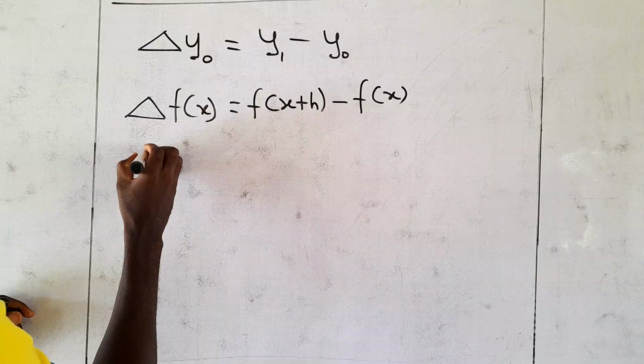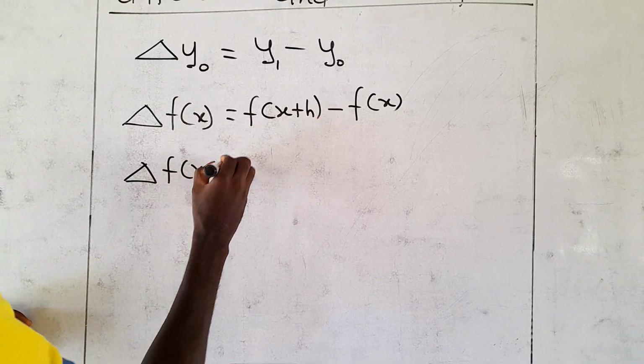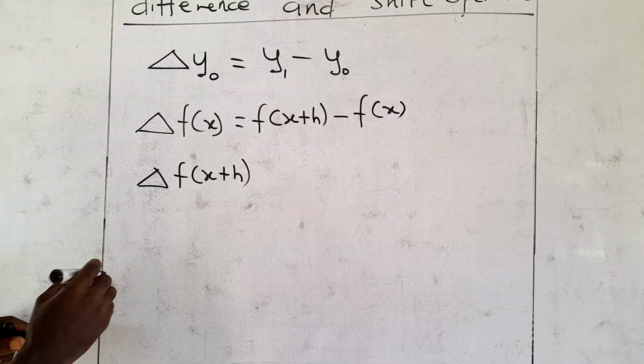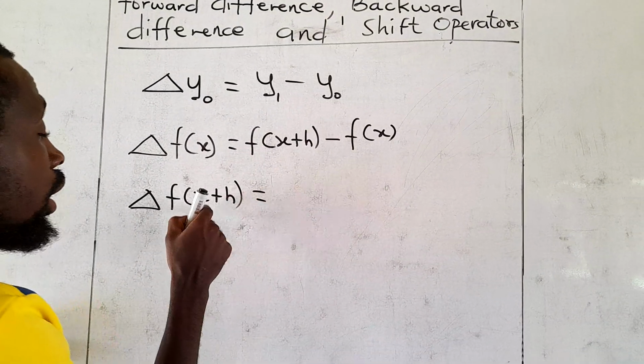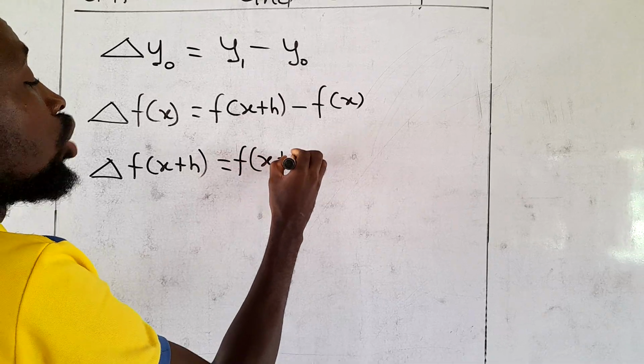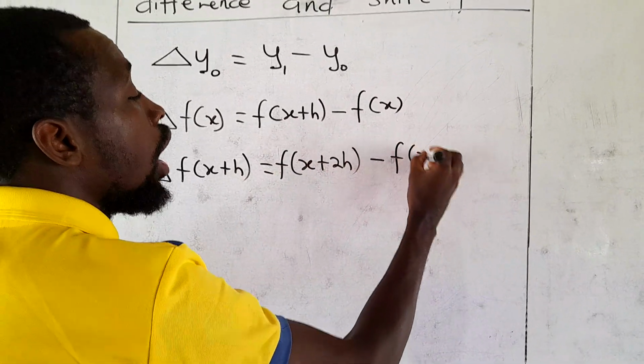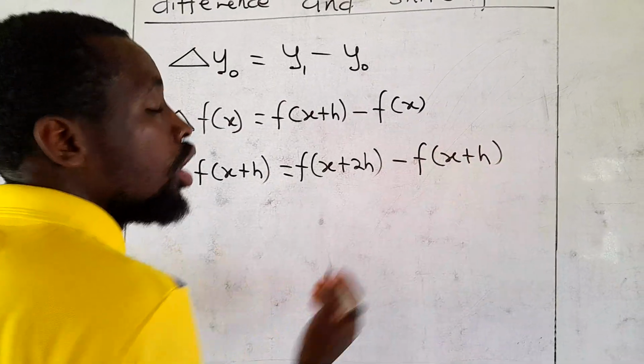The same way, if you want the delta of f of x plus h, a function that is greater than f of x plus h will be f of x plus 2h, that's the next one, minus the function itself, f of x plus h. I hope you get that.